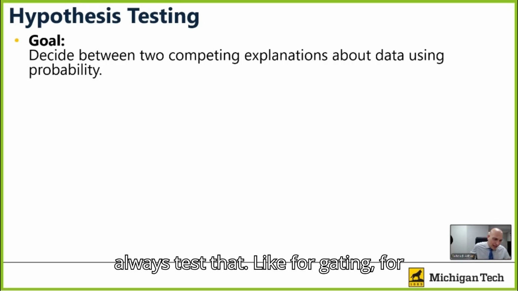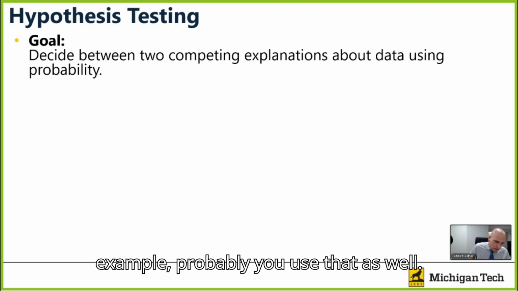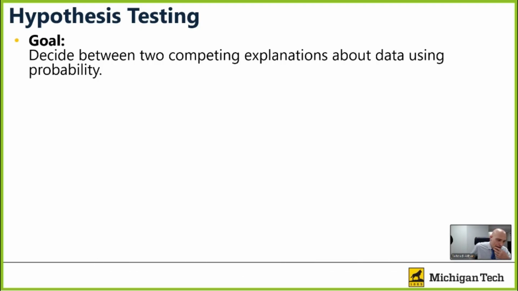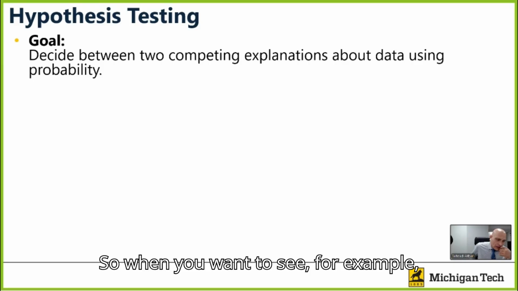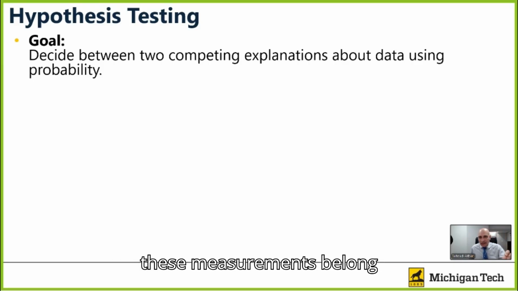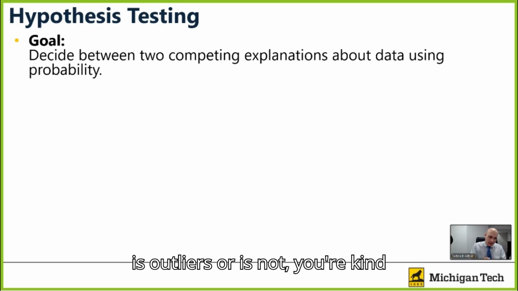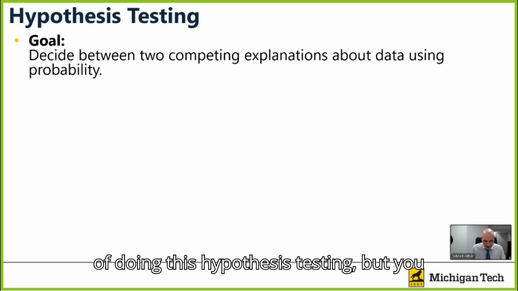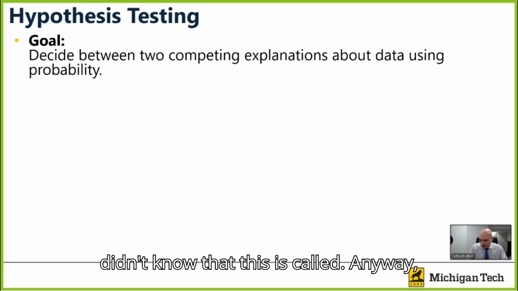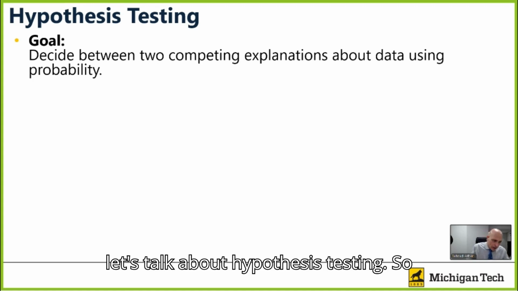You always test that. Like for gating, for example, probably you use that as well. So when you want to see, for example, whether these measurements belong to this target, or these measurements are outliers or not, you're kind of doing this hypothesis testing, but you didn't know that this is what it's called. Anyway, let's talk about hypothesis testing.